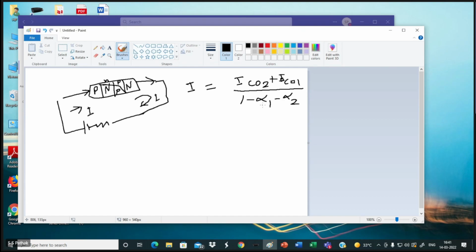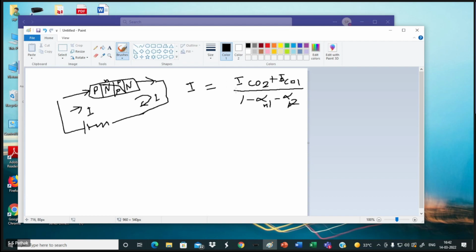If you want, you can put it as alpha N, alpha P. That way you can say these are the two transistors. Suppose I take ICO2 minus ICO1 and the two reverse saturation currents are the same. It will become 0 in the numerator. That means no current is flowing, but that is not the case. So don't confuse, it is ICO1 plus ICO2.